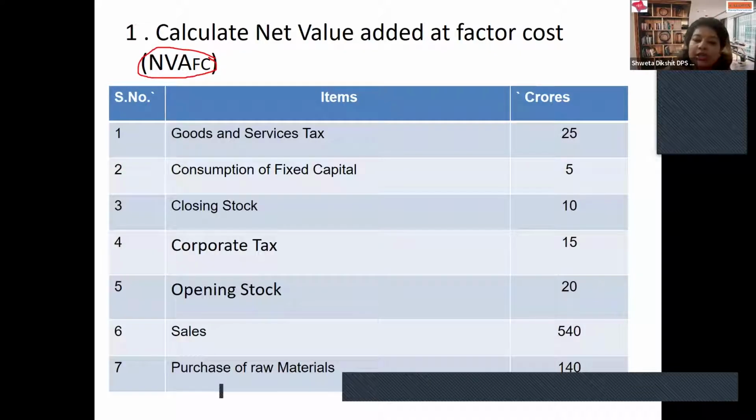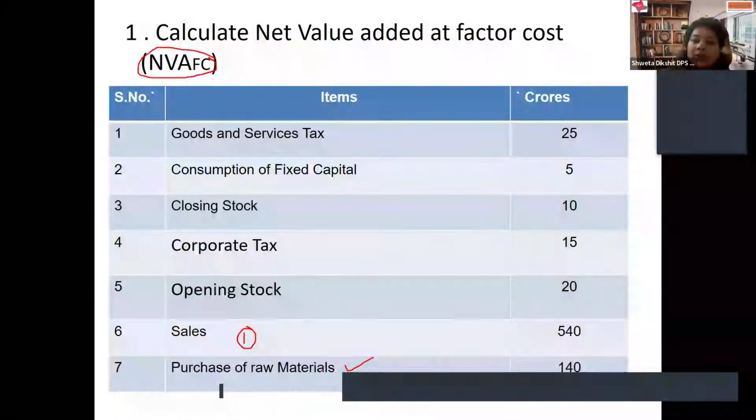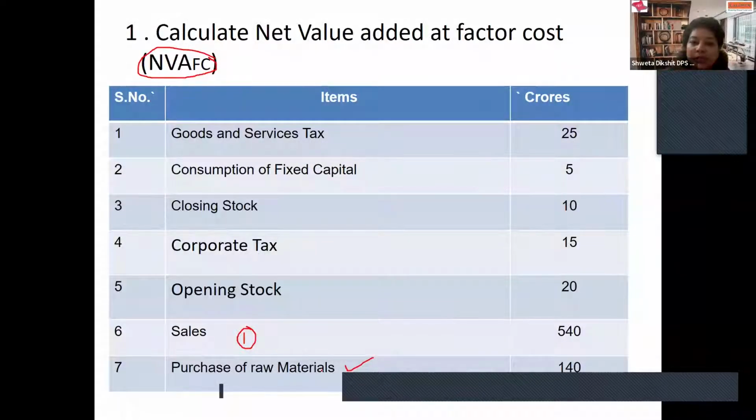What you need first, as per the formula, is sales. Then you need the intermediate consumption, that means the purchases of raw materials. Don't forget that sales and purchases of raw material also have to be included with imports and exports. Do you find the value of import and export in this list?